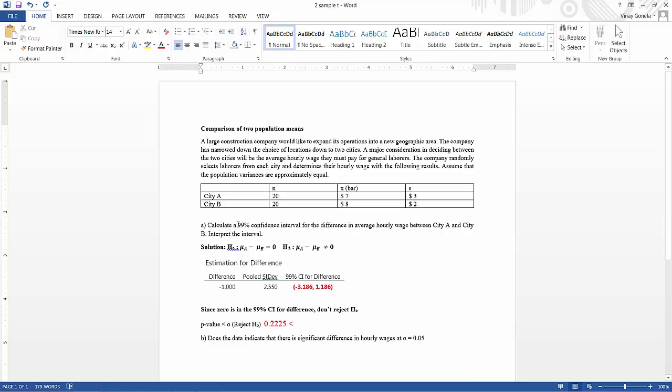If the confidence interval is 99%, alpha would be 0.01. So is this statement true? Is 0.2225 less than 0.01? This statement is false. So don't reject H null.